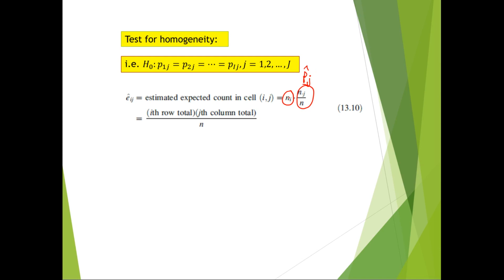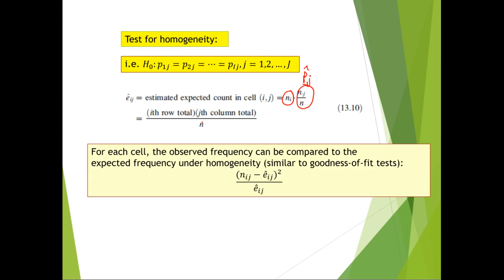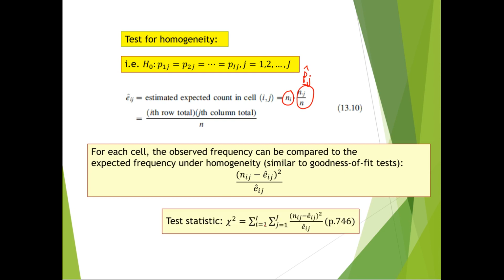So what you see is we have the ith row total times the jth column total divided by n, and that's how you get your expected frequency, and this is also what you will use for the test for independence. So for each cell, the observed frequency can be compared to the expected frequency under homogeneity, similar to the goodness of fit test. And because we're considering all the cells, we have to sum over all the rows, all the columns, and you compare each observed frequency to expected frequency, square that, and divide by the expected frequency.